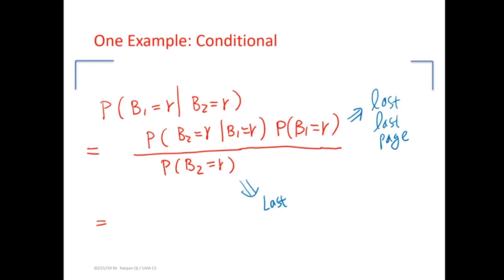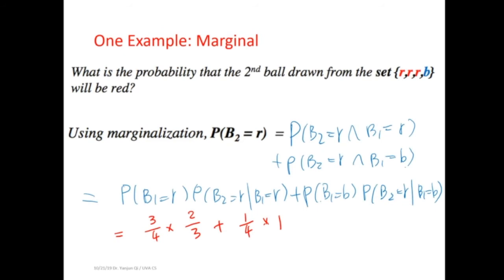That's why you use the total law of probability, and then you decompose it with both the B1 equals R and B1 equals B case, which is this page. So kind of memorize.